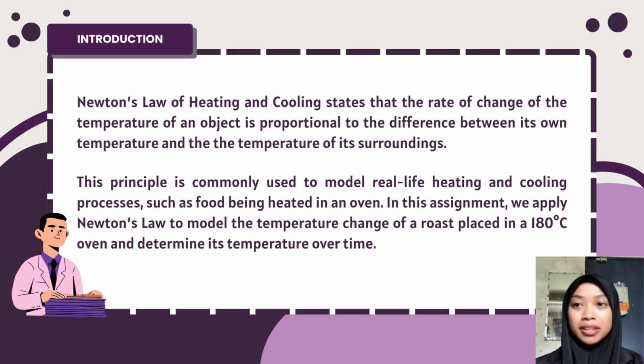The principle is commonly used to model real-life heating and cooling processes, such as food being heated in an oven. In this assignment, we apply Newton's law to model the temperature change of a roast placed in a 180 Celsius oven and determine its temperature over time.